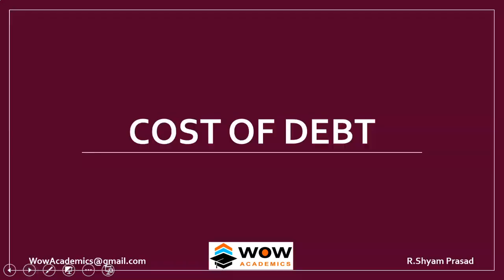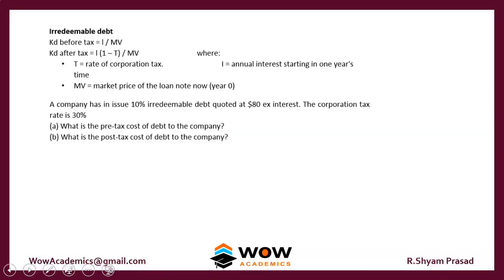So we'll move on to the cost of debt. Irredeemable debt, we'll start with this one. The formula works like this. The question might tell you whether to compute KD, which refers to cost of debt, KD before tax or KD after tax. If it's KD before tax, the formula is I, the annual interest rate on the bond or debenture, divided by MV, the market price of the loan or debenture.